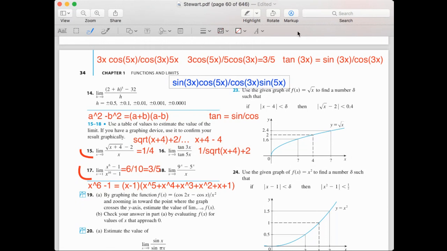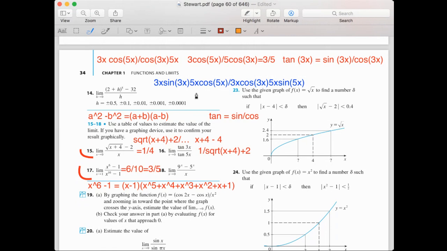Also, x over sine x as x approaches 0 equals 1, so I also want to multiply by 5x over 5x.